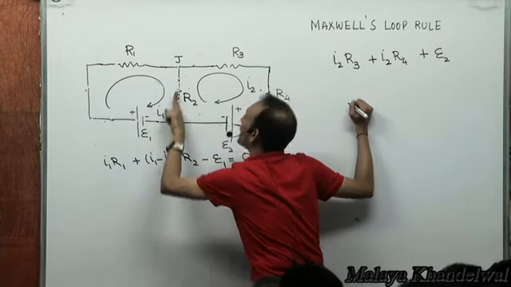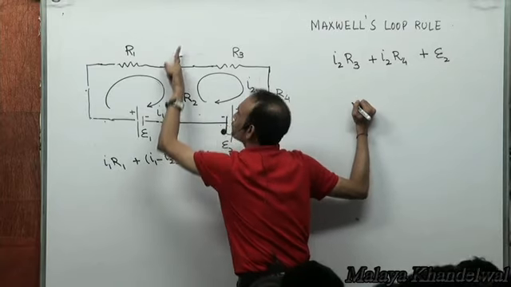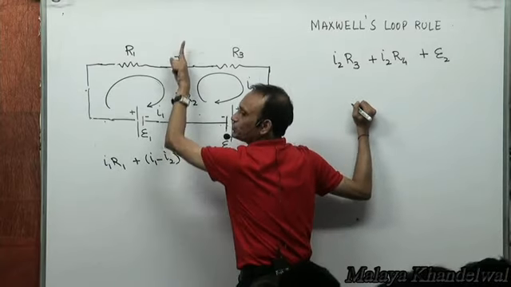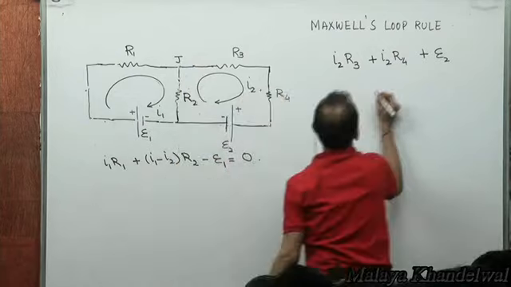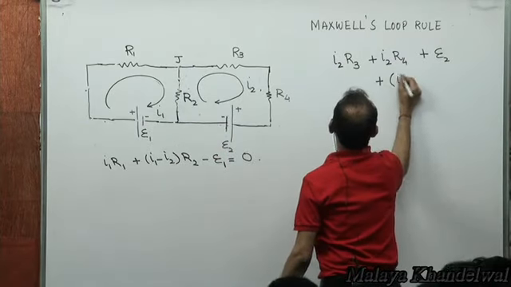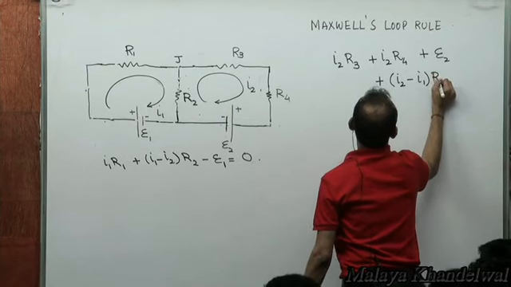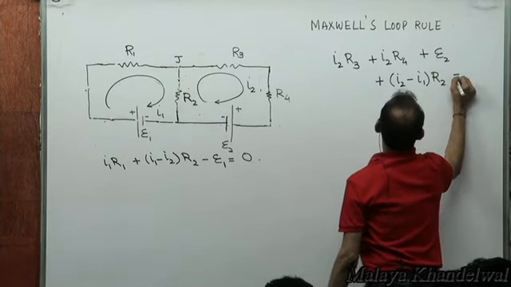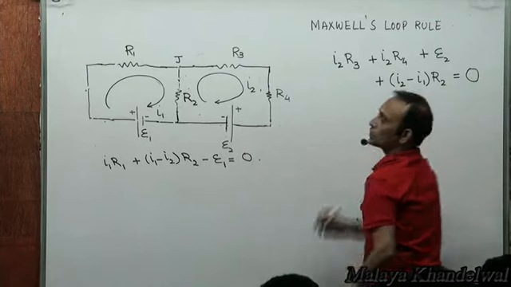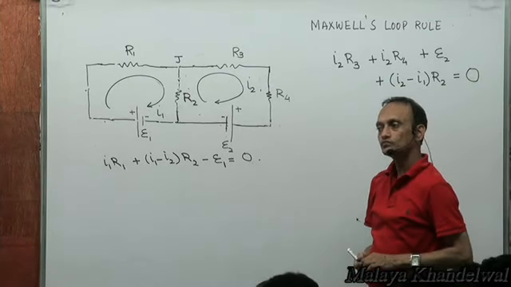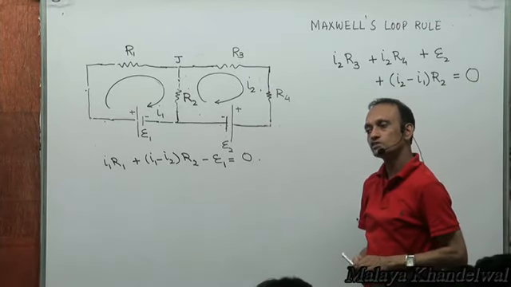So I can take I2 minus I1 upwards through R2. So I2 minus I1 into R2, this must add up to 0. Yes or no?